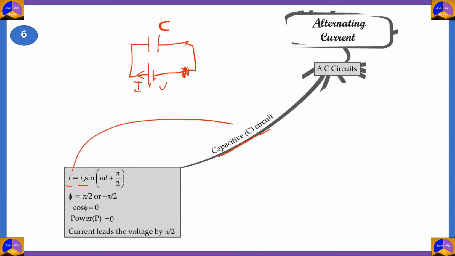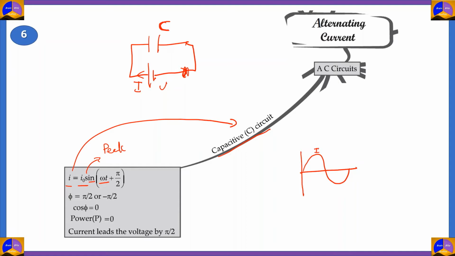I refers to the current in the capacitive circuit. I naught is again the peak value of current. Omega t is the initial direction. Sine is the sine ratio. So here we have plus pi by 2. So what happens here is that, let's say this is for current.